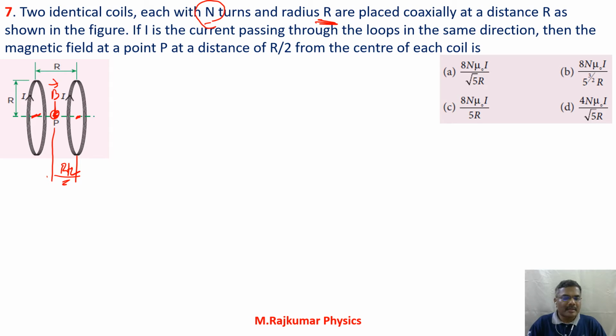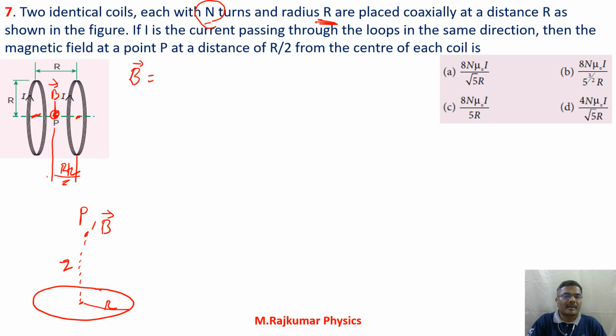For this you know this particular expression, which we have derived already. If I have one turn of coil, it has a center and a radius r, and from the center of this coil there is a point, say point P, at a distance z. Then the magnetic field at this point P is B vector, which is mu naught I by 2, where mu naught is the permeability constant for this medium, and I is the current flowing through the coil, times r square divided by r square plus z square whole power 3 by 2.